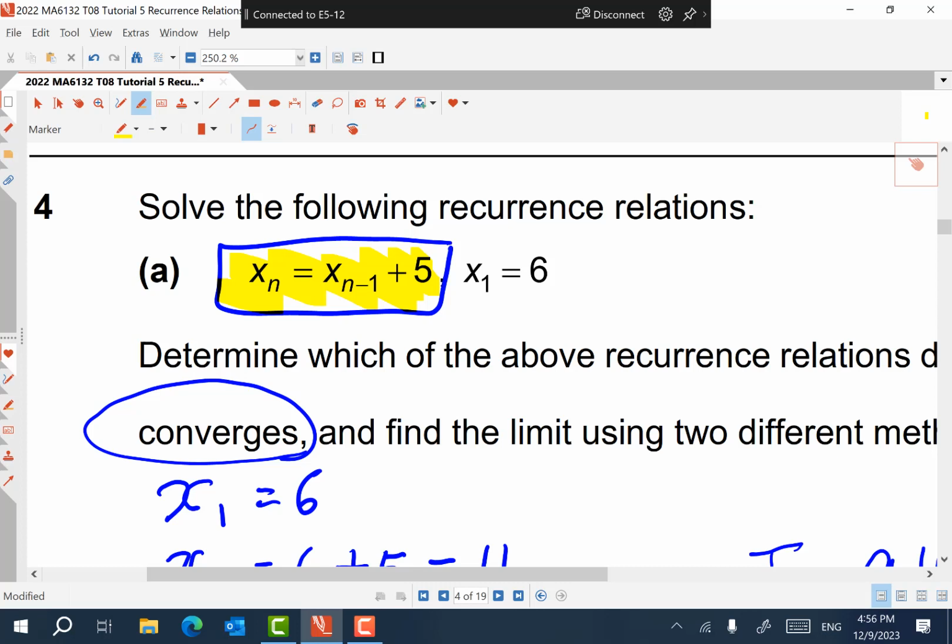Alright, so how do you find this topic? Very easy, right? It's just a formula that can use recursively to generate a sequence of numbers. And then to solve that so-called recurrence relation means you're able to write down the xn in terms of n. And the next thing is, you want to ask, does the sequence converge?